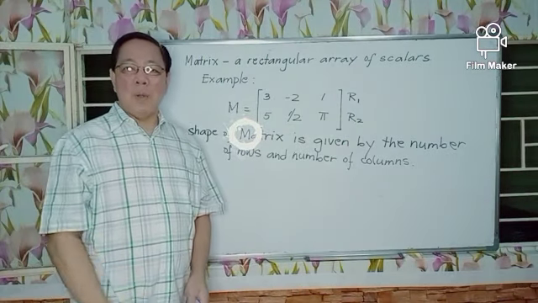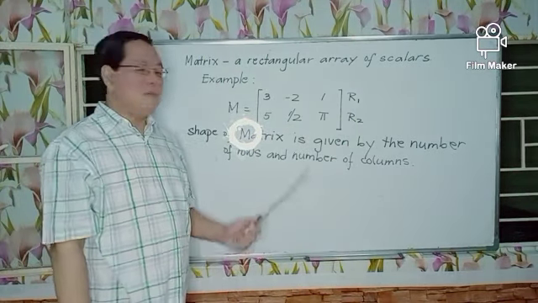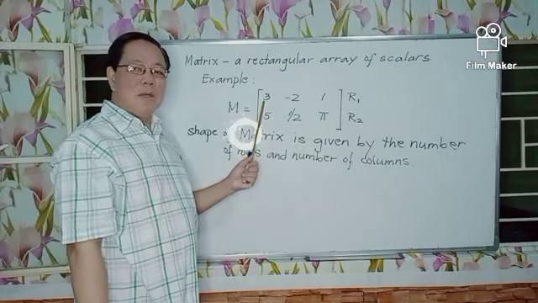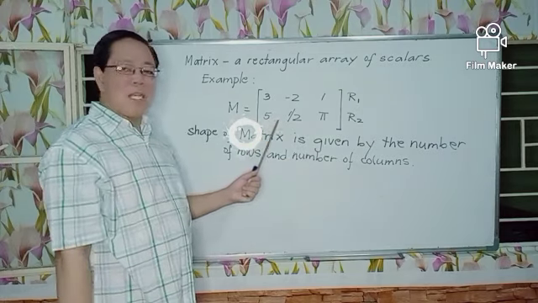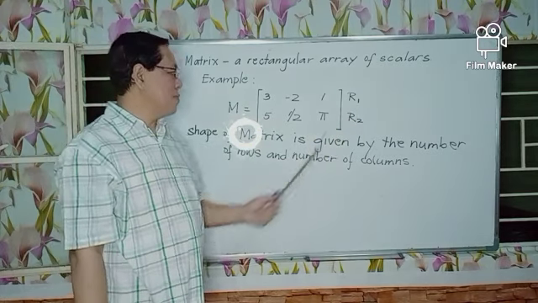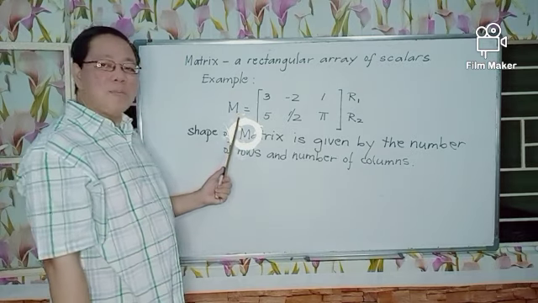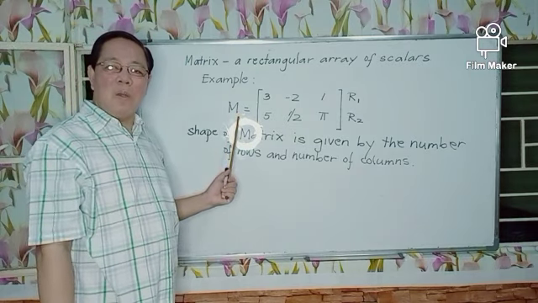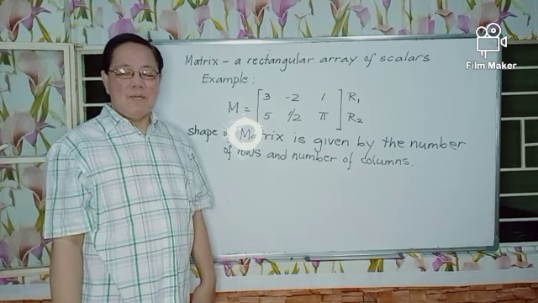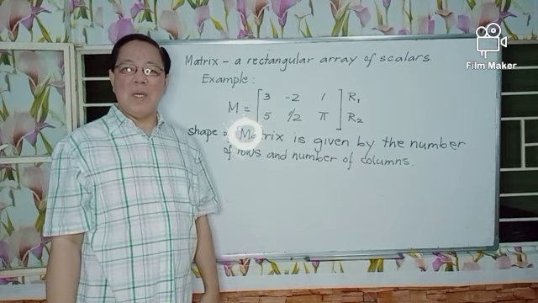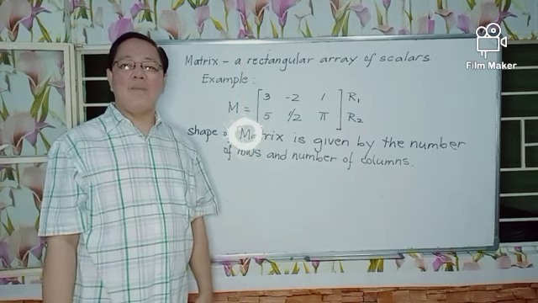When you count the rows of a matrix, you always start from the top. So the first row at the top is row 1. The next from the top is row 2. And this matrix M has 3 columns. And you count the columns from the left. A column is a vertical set of scalars.